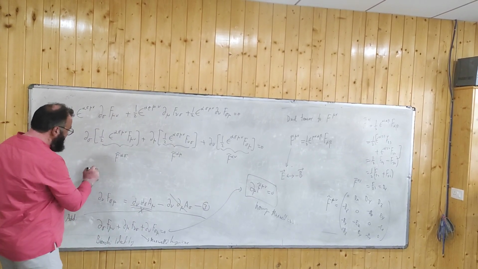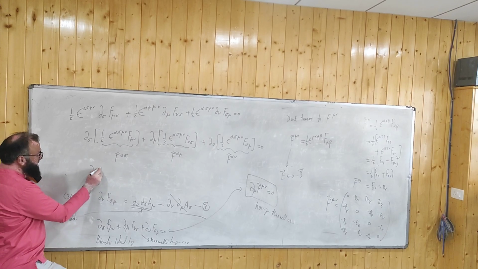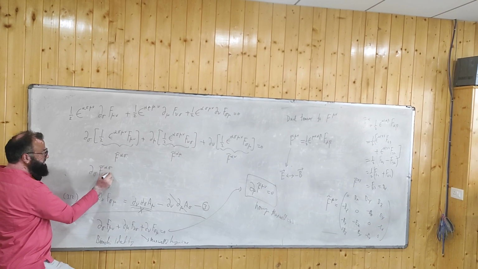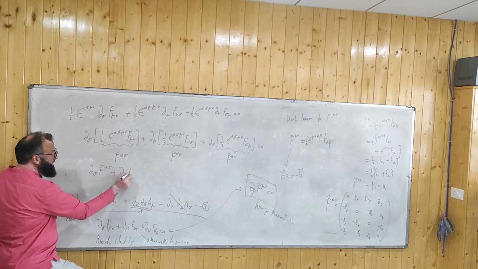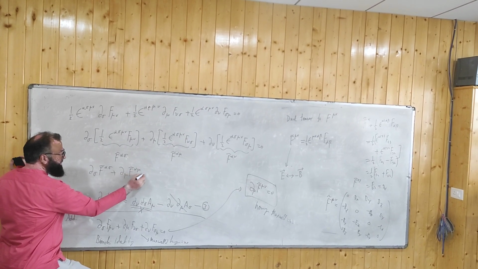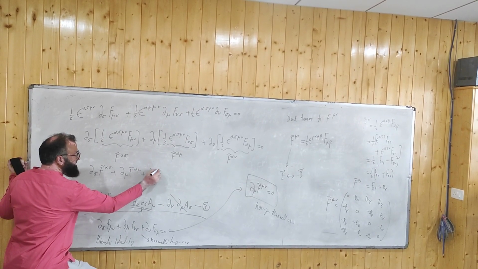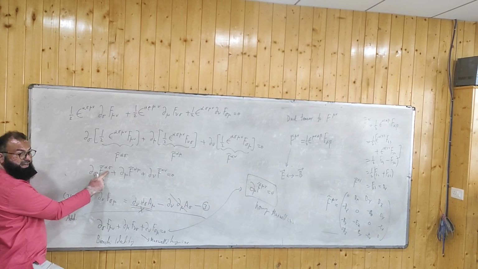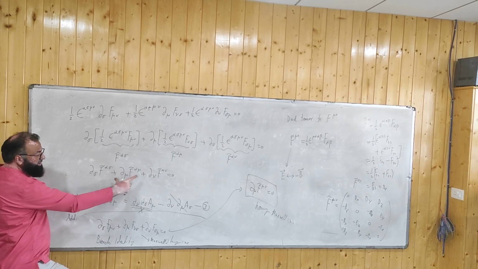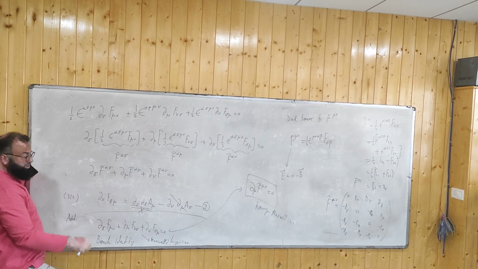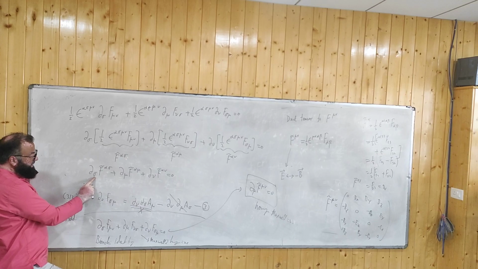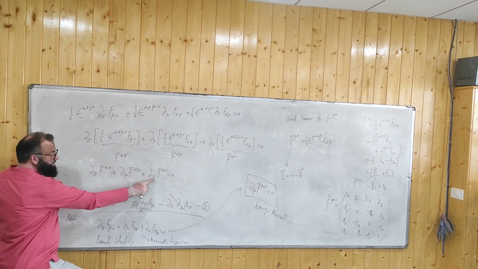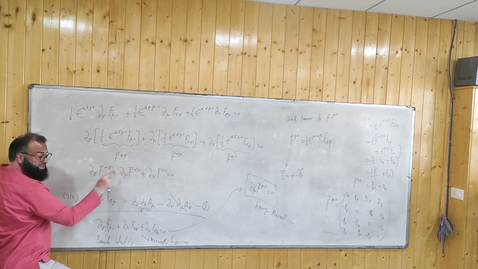Okay, now let's write it. Partial sigma F tilde alpha sigma plus partial mu F tilde alpha mu plus partial mu F tilde alpha nu is equal to 0. Now if you see, sigma is contracted, so are they all the same kind of terms? I can replace sigma by mu, nu by mu, because nu is a dummy variable.